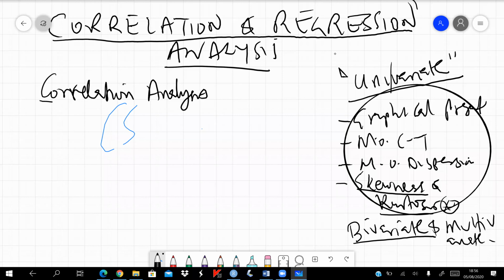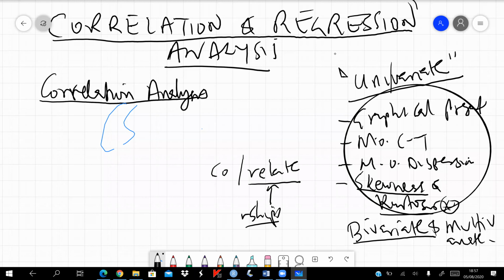Now, when we talk about correlation, as you can see, we seem to be having "co," and then we have the word "relation." So it looks like we shall be talking about some relationships, and "co" signifies two. So basically correlation is for bivariate data. Under correlation analysis, we shall be analyzing relationships between two variables only. So maybe I can give a definition here through paraphrasing.